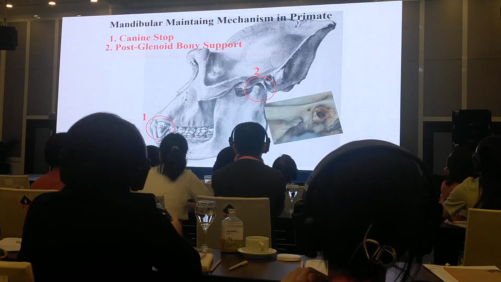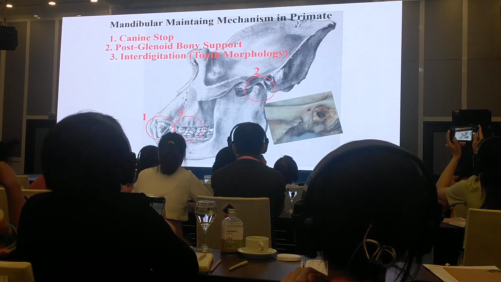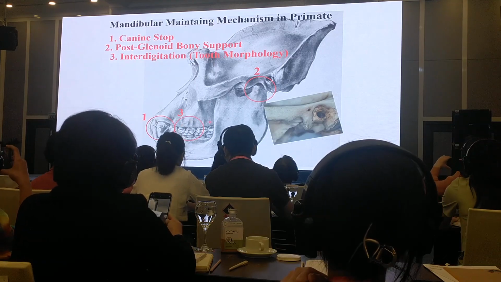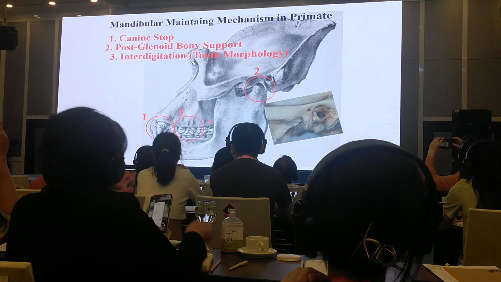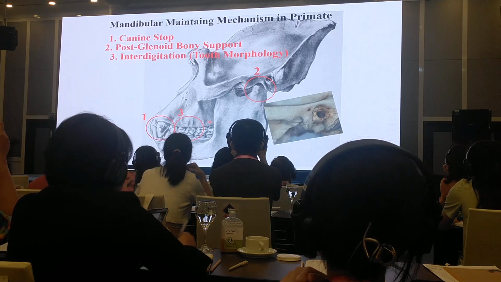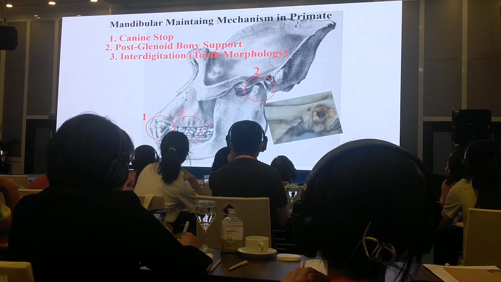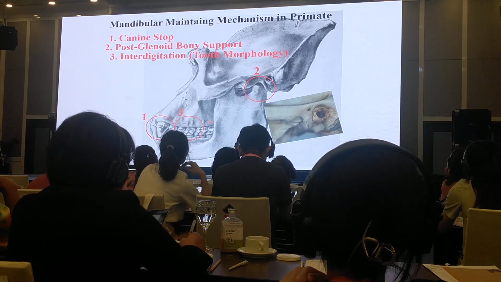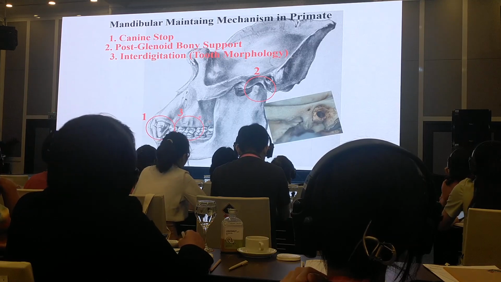And also, I want to say, the interdigitation of the upper and lower teeth. They have very nice cusp inclination, very strong, nice morphology, then all the teeth interdigitate into class 1.